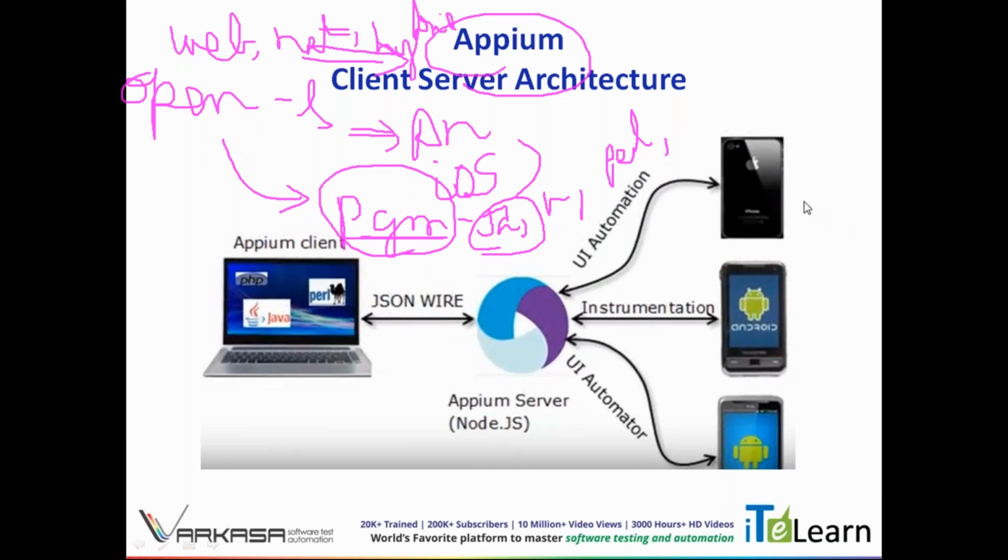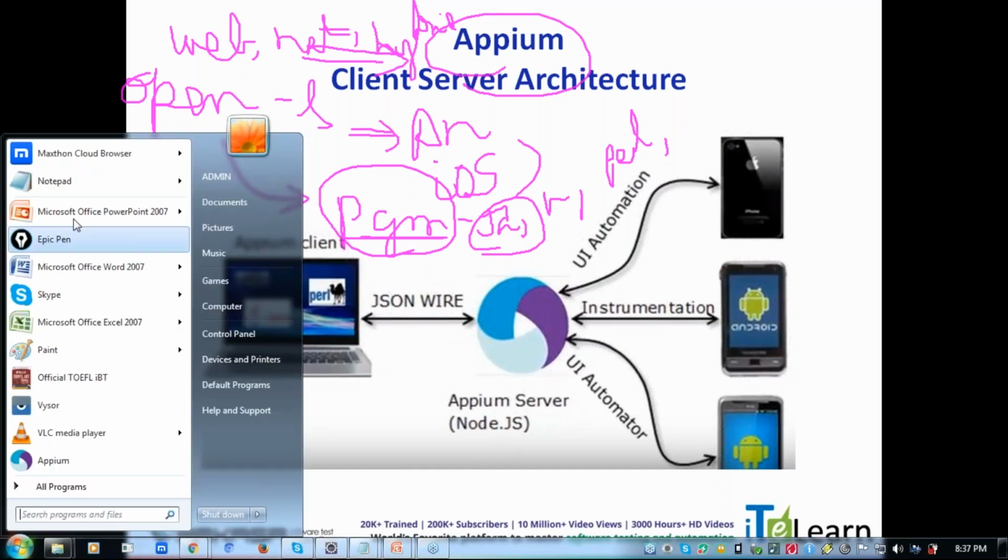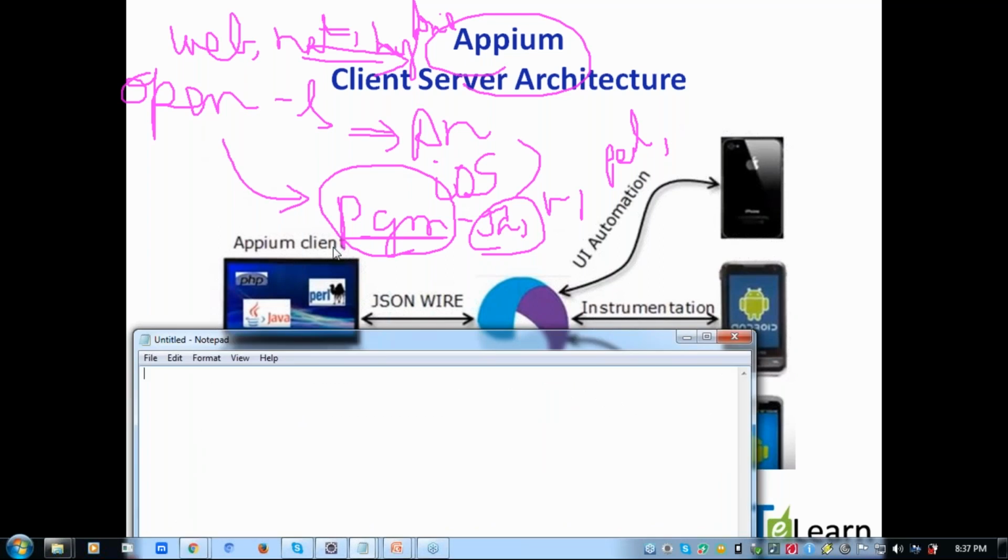Let me give you an idea of what these applications mean. A web app is an application that you can open only on a browser. For example, consider any blogging website, or even iTeLearn. You can only access it through a browser, right?